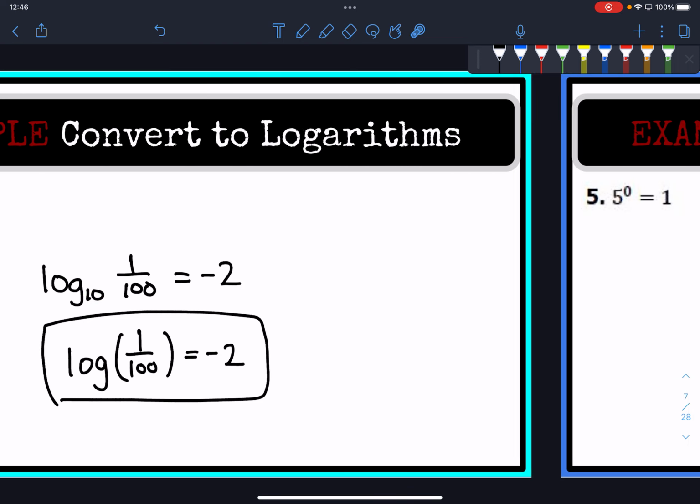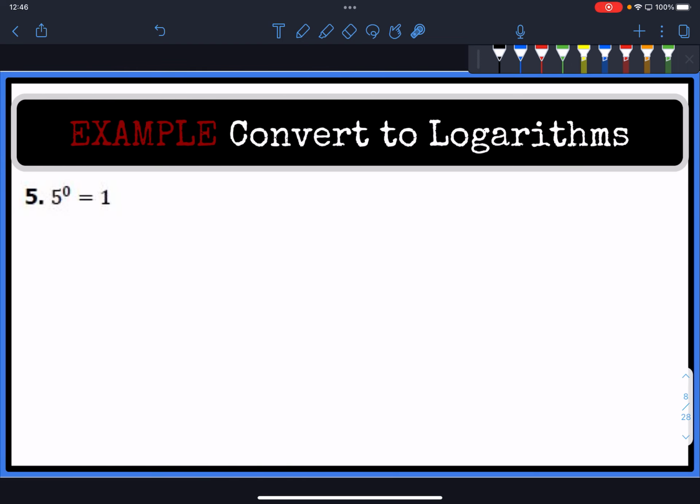So let's look at another example here. Since our base is 5, we're going to take the log base 5 of 1 equals 0.